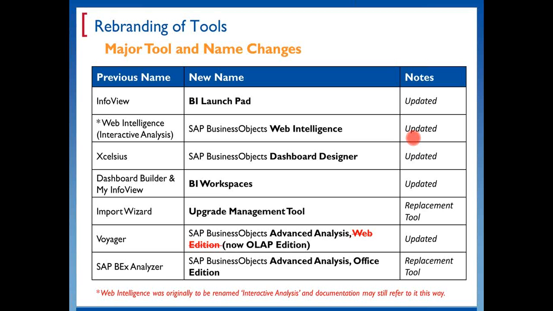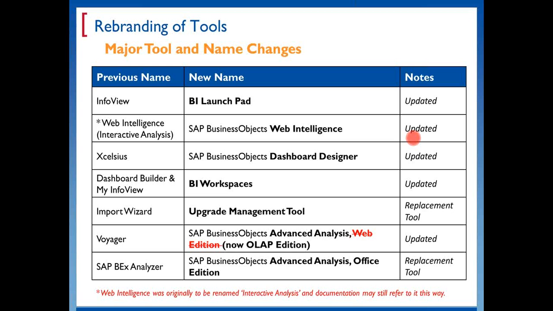The term ramp up is associated with SAP, guys. Basically, ramp up also refers to the beta version. During the beta releases, these Web Intelligence documents were called Interactive Analysis at first. Later on, they were rebranded as SAP Business Objects Web Intelligence.